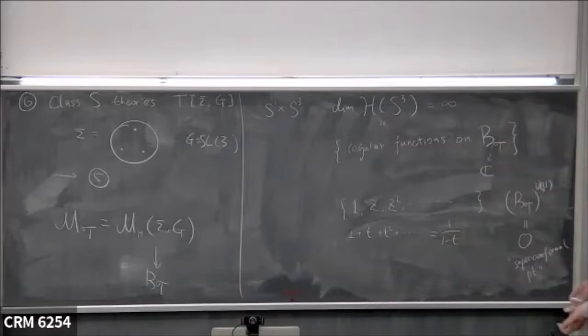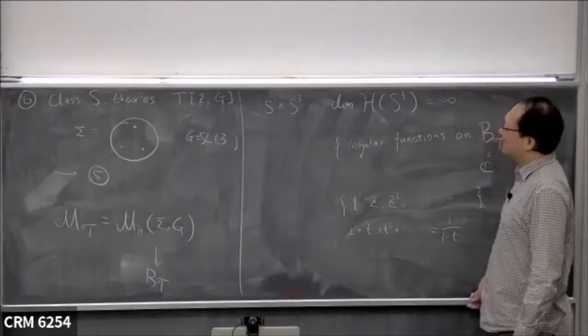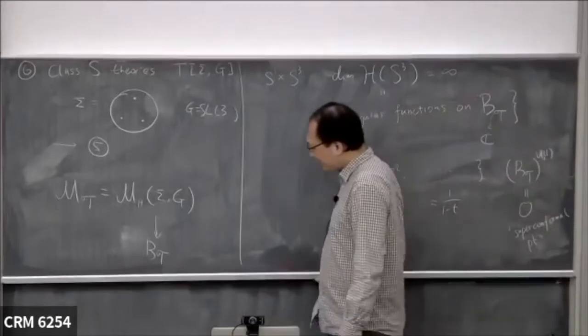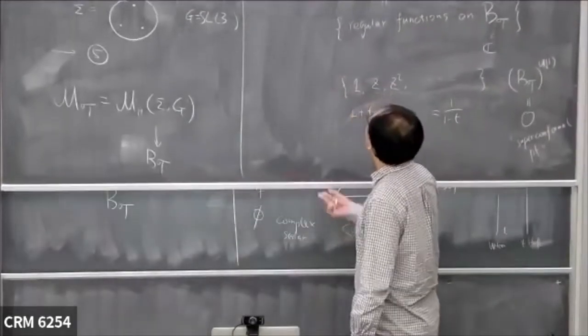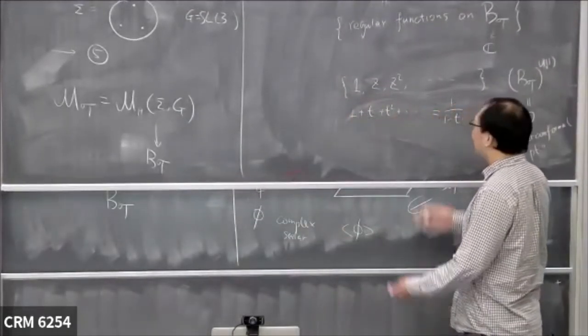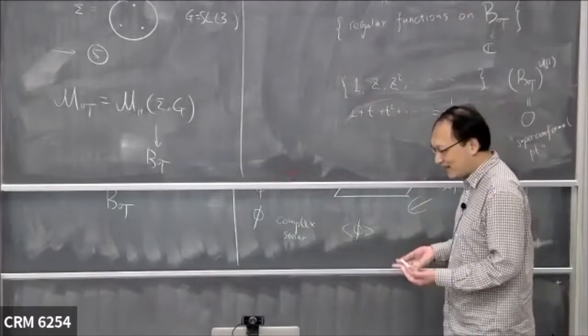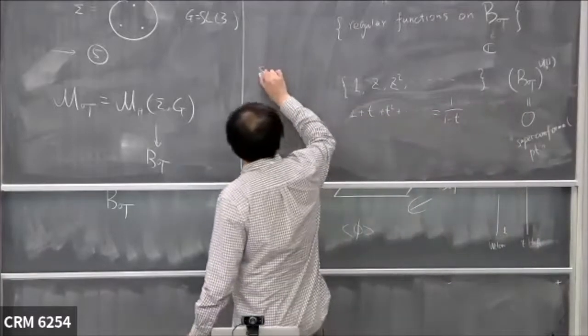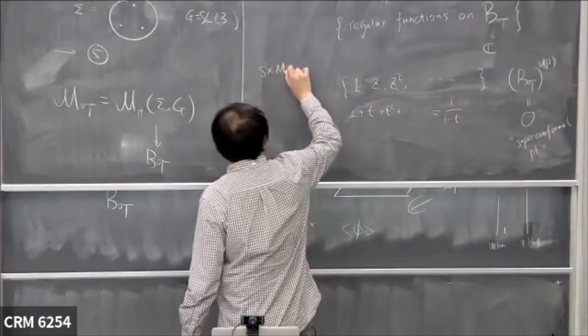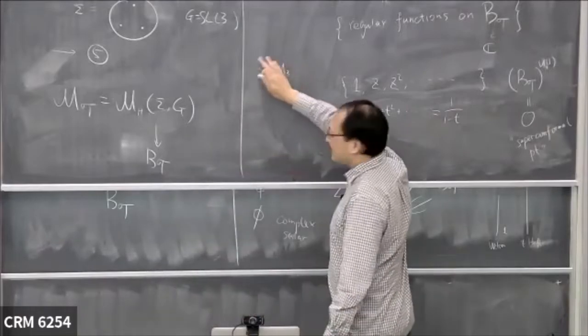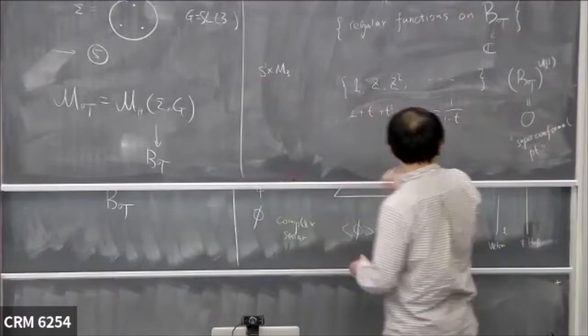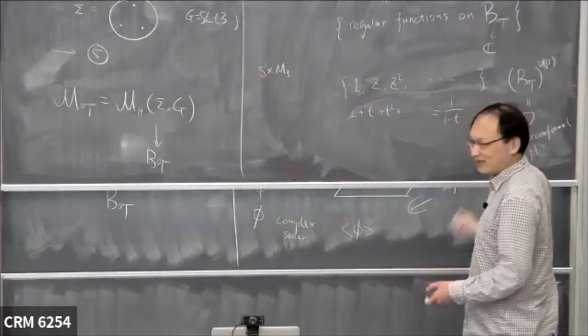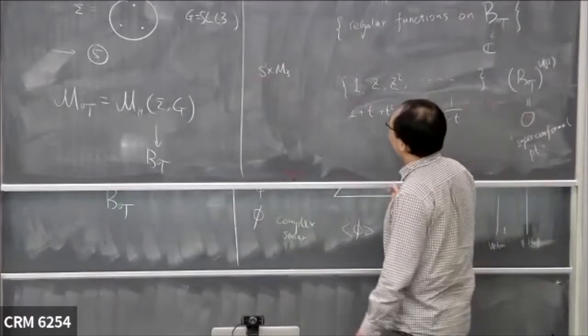So could this be a solution to this problem? Namely, I still don't know how to regulate this on 4-manifolds, but can I just consider S1 times M3 and then use this S3 to somehow turn on this symmetry to have a well-defined answer?